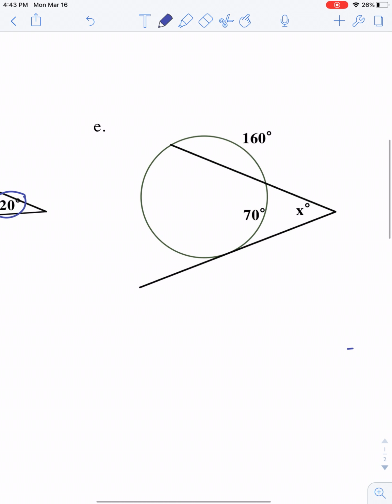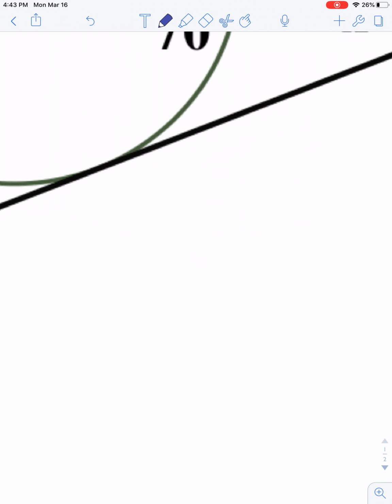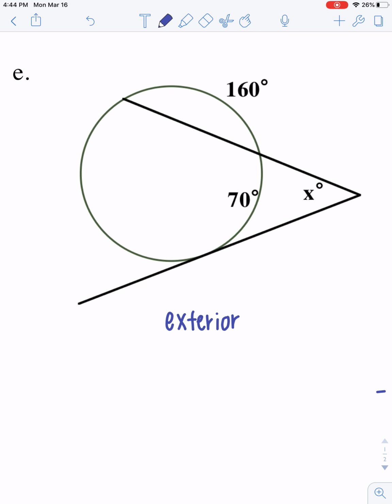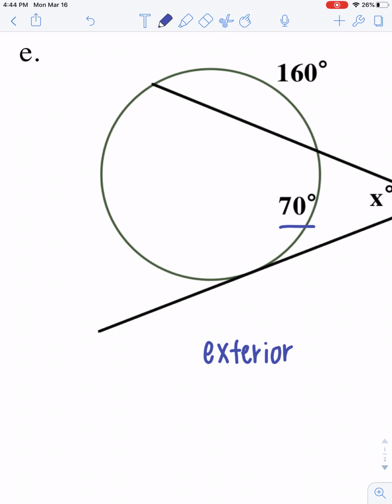Okay, again, looking at E, we see that our point lies outside the circle, making it an exterior angle relationship. We have one of the intercepted arcs of 70 degrees, and we need to figure out what my other intercepted arc would be.